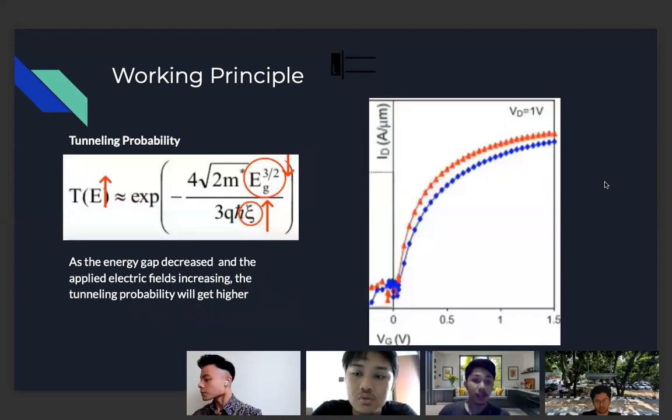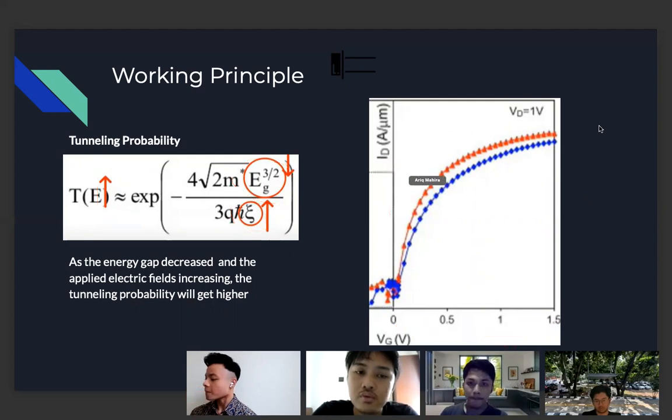The next one is the tunneling probability. I just want to state here that if the energy gap decreases and the electric field increases, the tunneling probability also increases. And it can be seen here from the gate voltage versus current graph. When we give higher gate voltage, the current also increases.